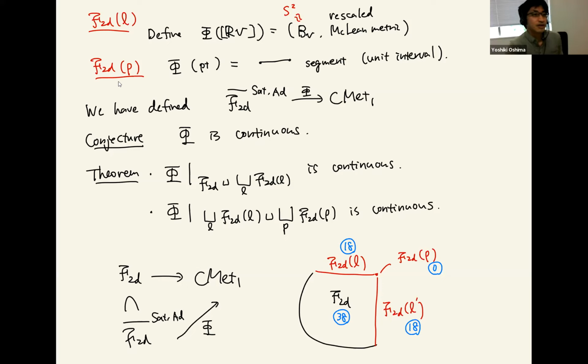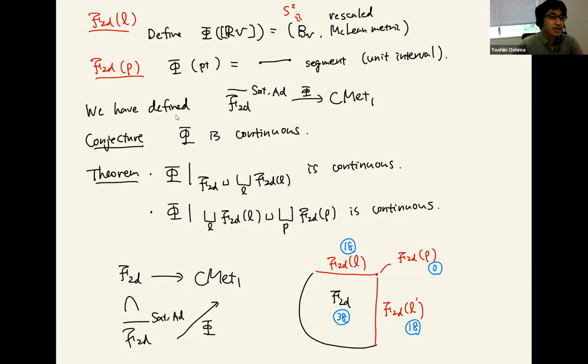And for F2DP, this is just one point for each P. For this, we just attach a segment with the standard metric. This is just a unit interval.